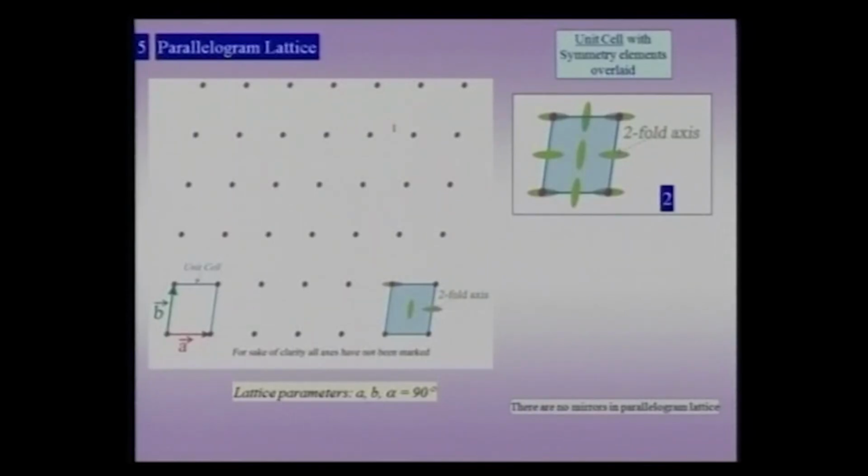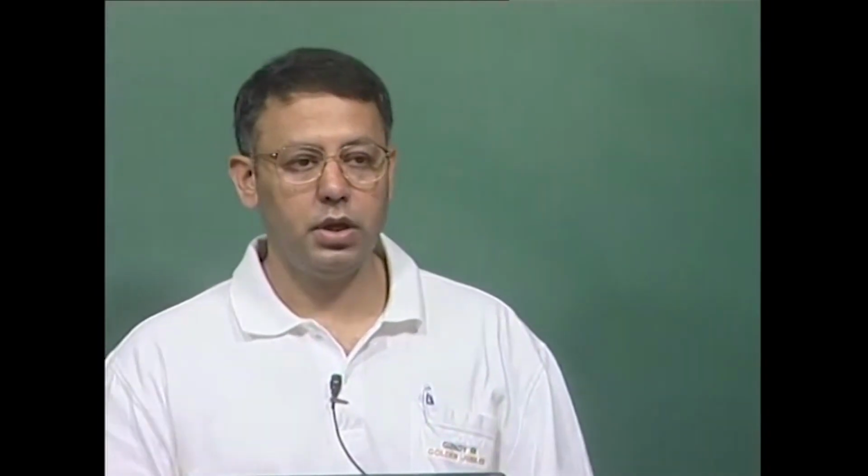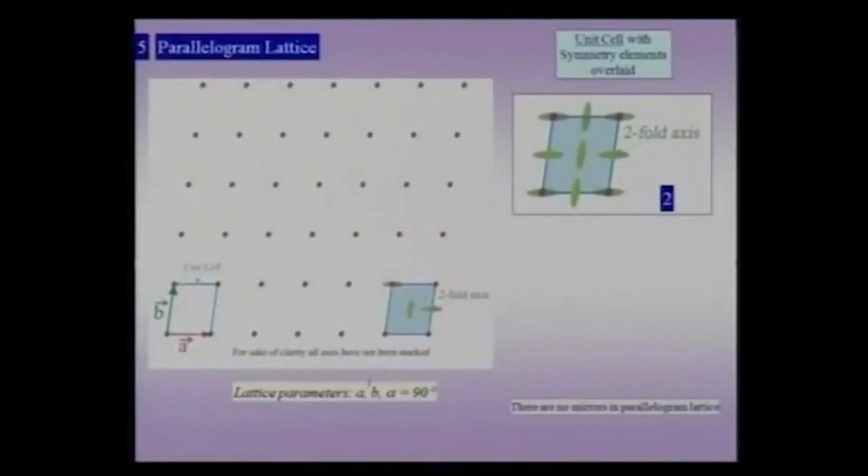The 5th 2-dimensional lattice which we shall consider now is the general parallelogram lattice. In other words, in this case there are no constraints either on the lattice parameters a and b or on the included angle. The 5th lattice we consider, which is the final lattice in 2 dimensions, is the general parallelogram lattice.